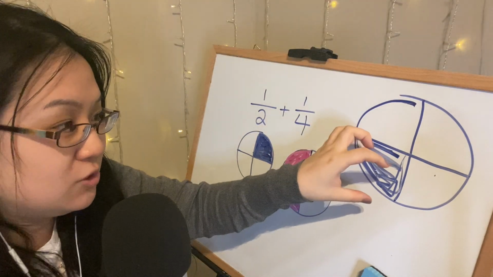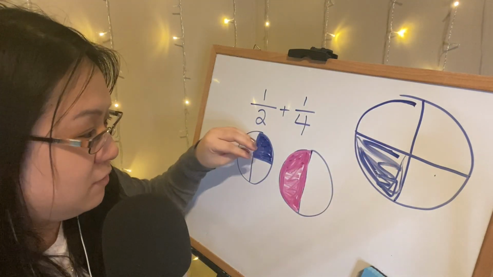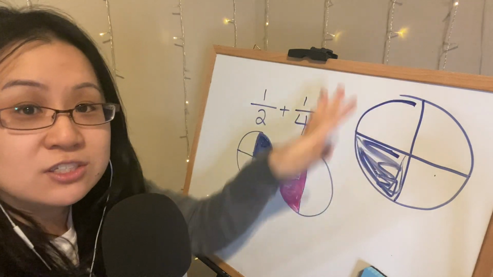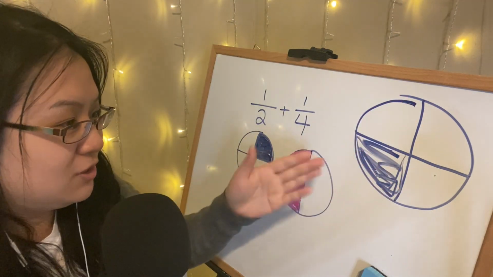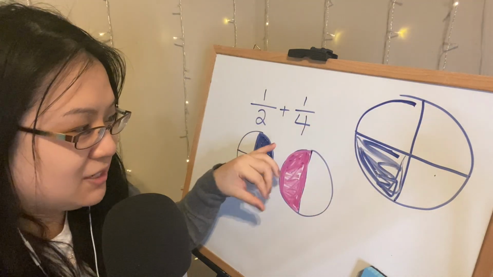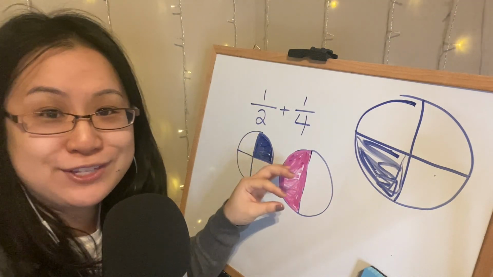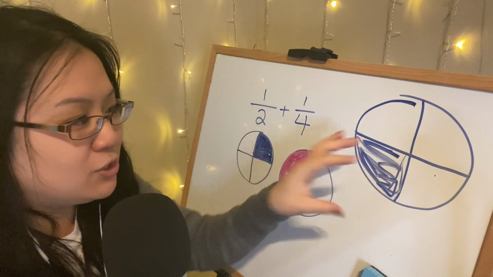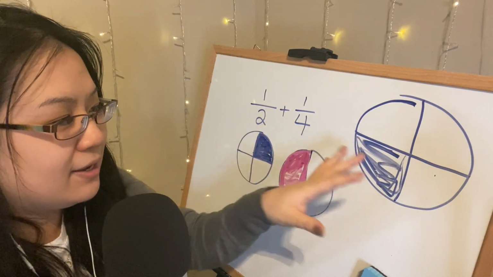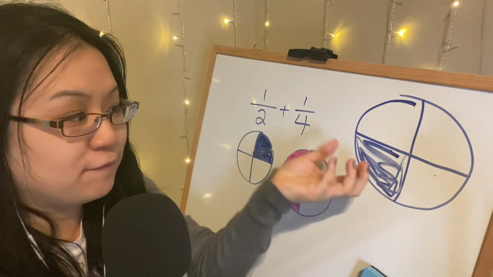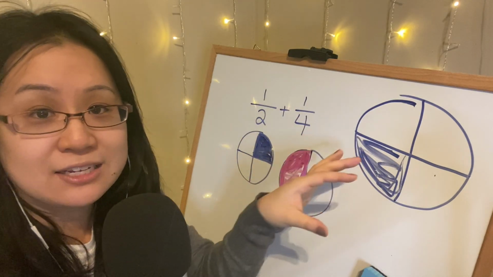But this piece is really big compared to this 1/4. This 1/4 of this huge circle is almost physically the same size as the area of the half of this one circle. So we don't compare it with the physical actual size, okay?